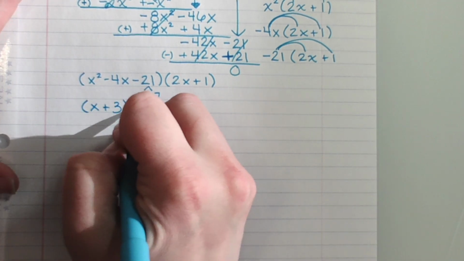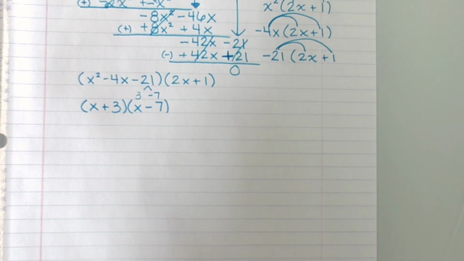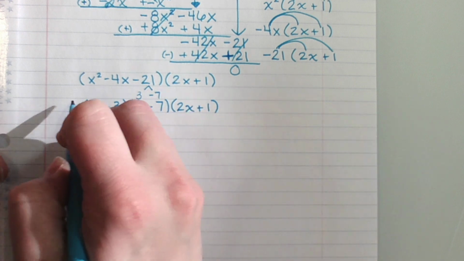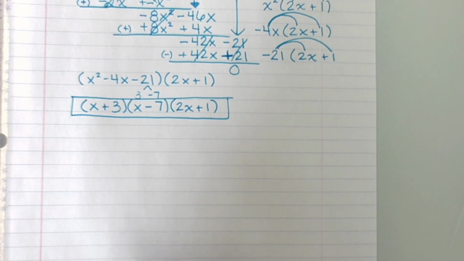X plus 3, x minus 7. Because I'm doing the shortcut, I can go directly to the parentheses. If I was doing the full AC method, I could not. And don't forget the 2x plus 1 that we also had already factored out. That's what you're seeing today.